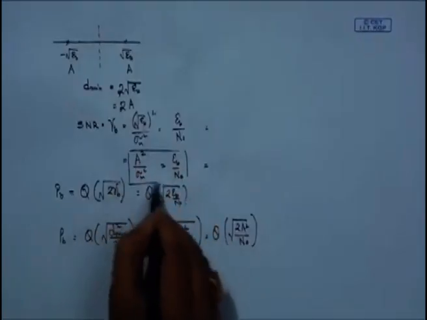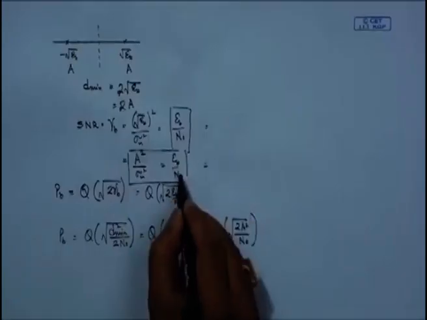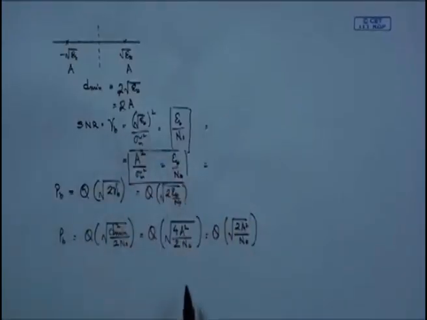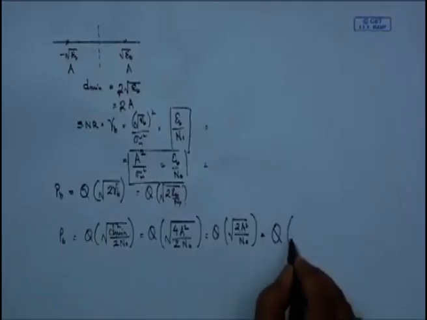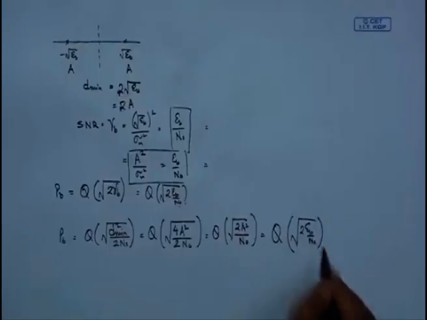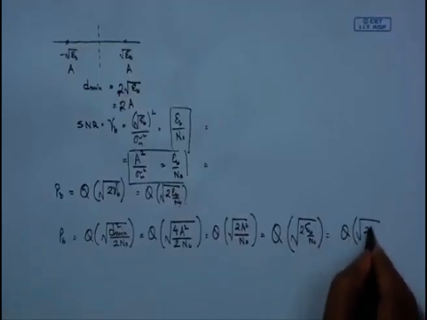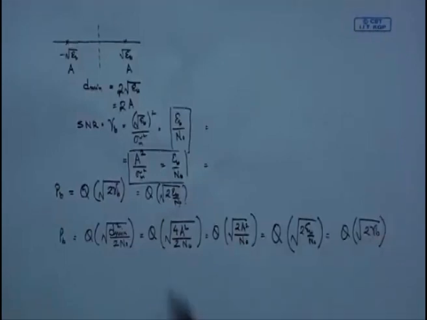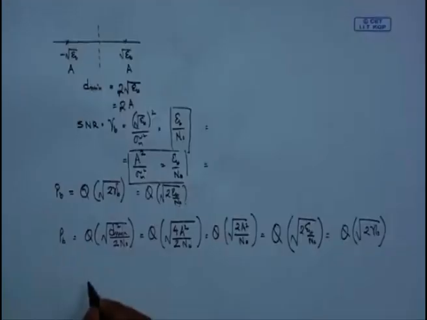So if you look at these two expressions, this is equal to Eb by N naught, gamma b is also equal to Eb by N naught. So we could also write it as Q of square root of 2 Eb by N naught, which is equal to Q of square root of 2 gamma b. In other words, this expression is the same as this expression, so we need not be confused.